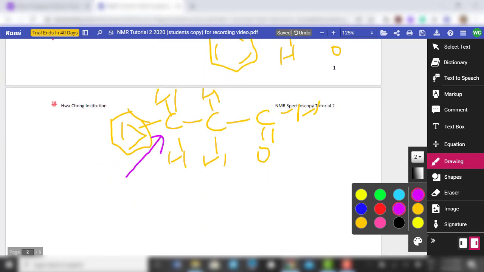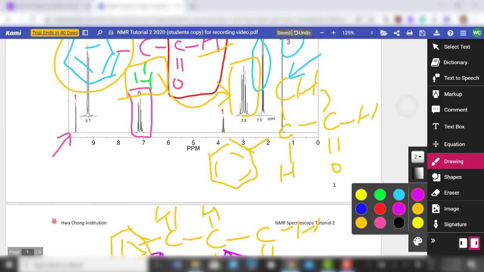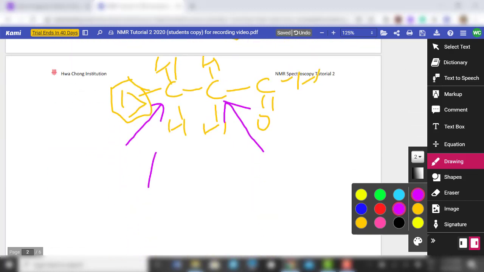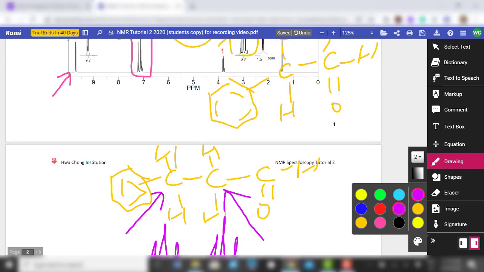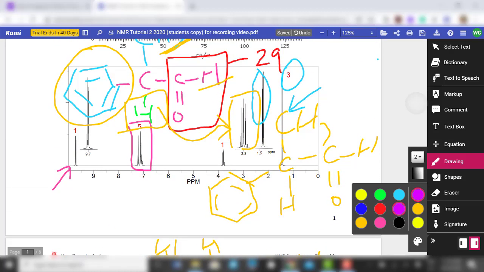If I have a benzylic carbon here and an alpha carbon here next to the aldehyde group, I expect their chemical shifts to be quite similar, maybe about 2.3 to 2.7. But this is not reflected in your 1H NMR, and at the same time I expect this to be a triplet. This is not reflected in the 1H NMR either.